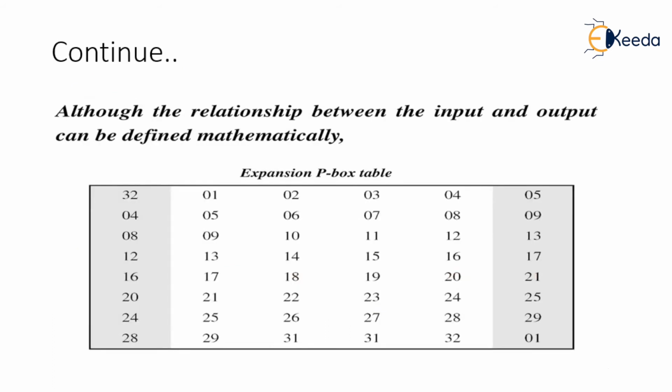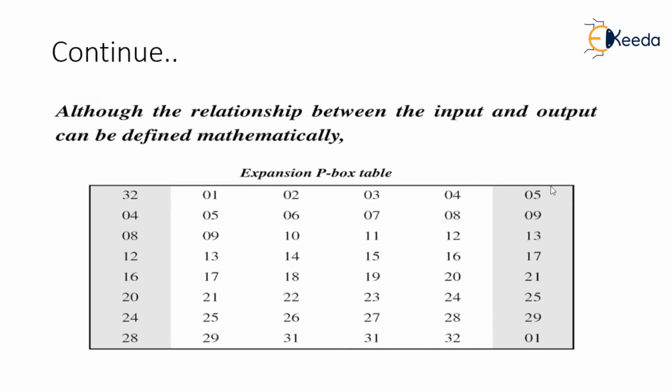Like we have 32 bits, 1 to 32, and then this 32 is added in the reverse order here. You can see 32, and then 4, 8, 12, 16, 20, 24, 28, and this first column is then added at the end, that is 1, 29, 25, 21, 17, 13, 9 and 5.